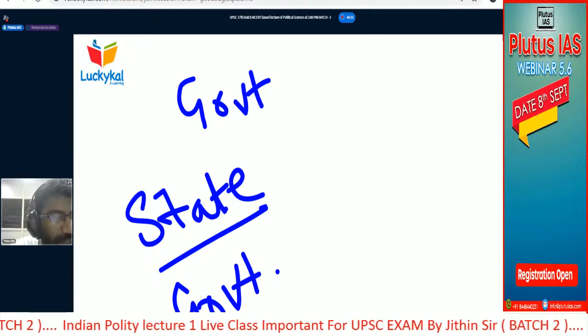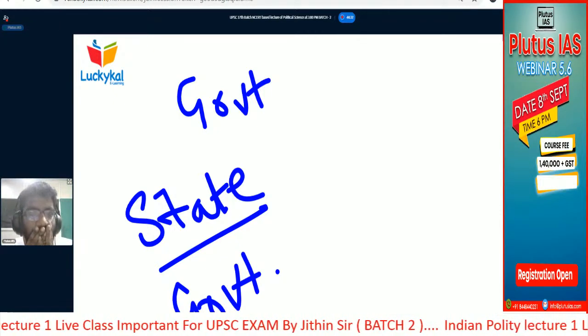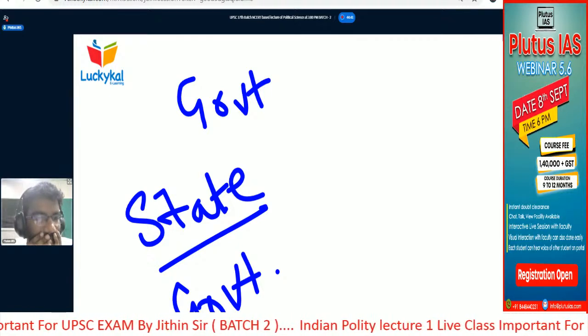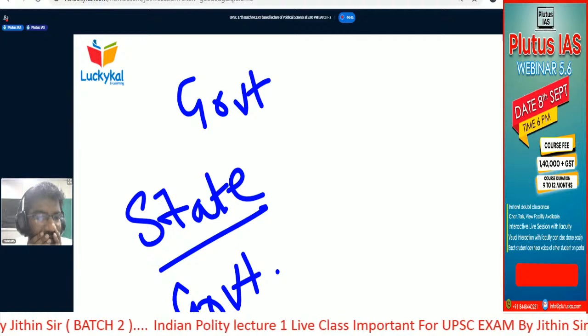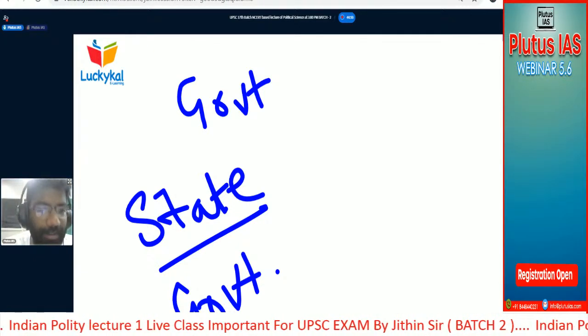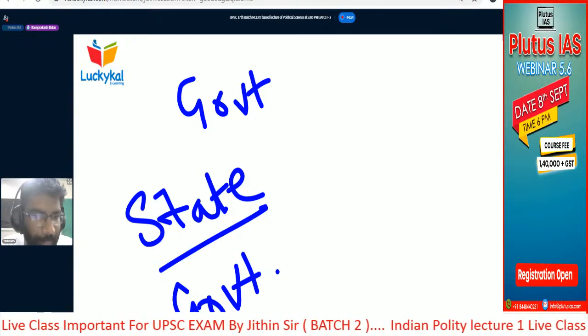Kezia, you are from which place in Kerala? Farzana is from Tamil Nadu. Kezia is from Pathanamthitta. Arya of other class is also from Pathanamthitta, I guess. And I am from Alleppey. Okay, sir.